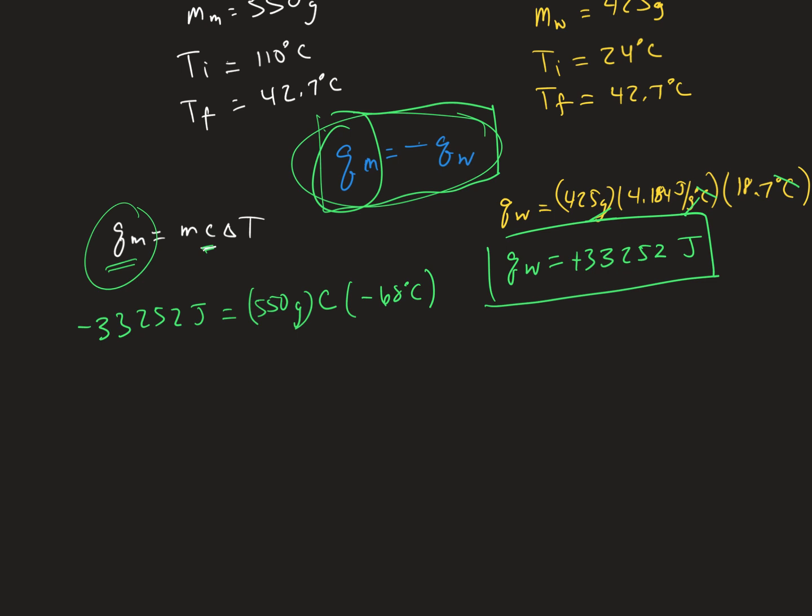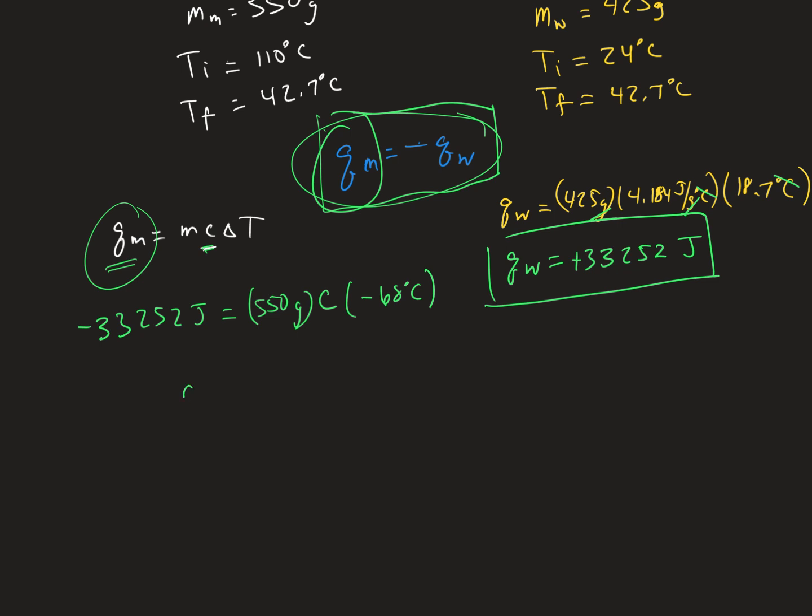So we can divide both sides by these, and here I should have solved for C before I plugged them in, right? Because now I have to deal with the negatives. But we can still do it, right? Just grab our calculator, and I'll just type in 33252 negative divided by 550, and then divided by 68 negative.